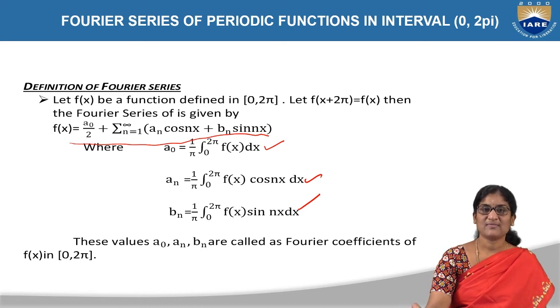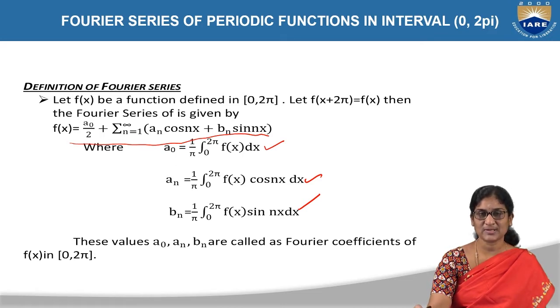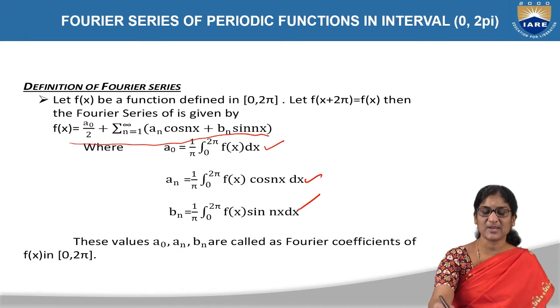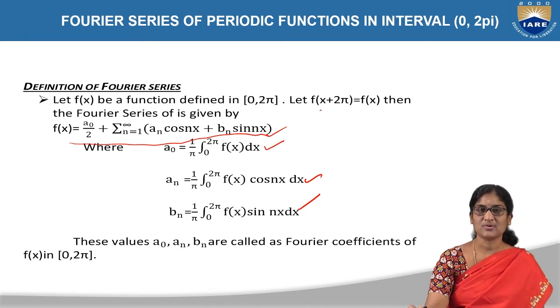We take the function, substitute in the a0, an and bn formulas, get all three coefficients, and resubstitute in the main formula to get the Fourier series of the given function. That is the main aim of this module.